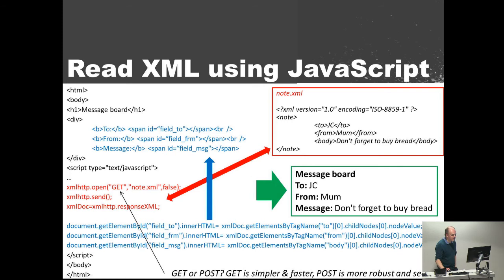And then my JavaScript code is going to take my XML doc and extract the information according to the different tag names. What is inside the to tag name, from tag name, body tag names. And what is retrieved is going to be put into those variables.